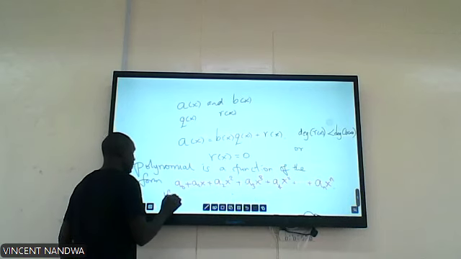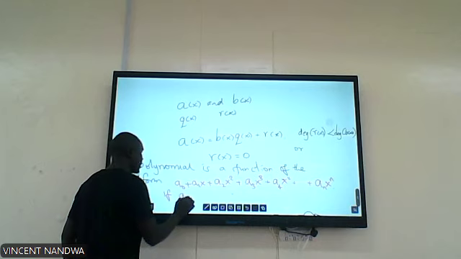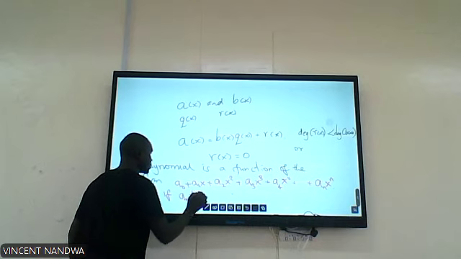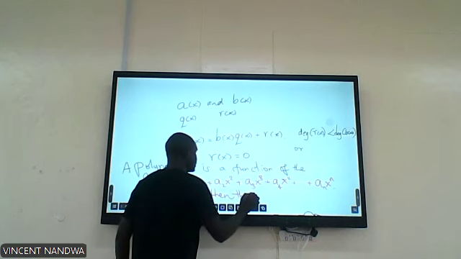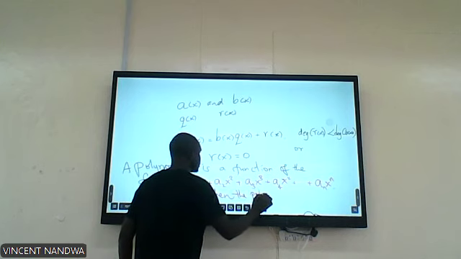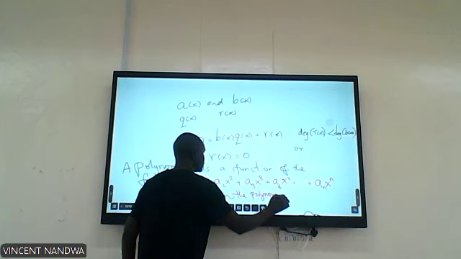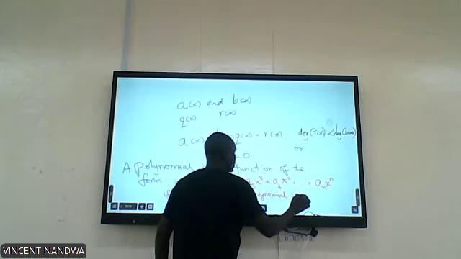So if an is not equal to 0, then the function is of degree n.